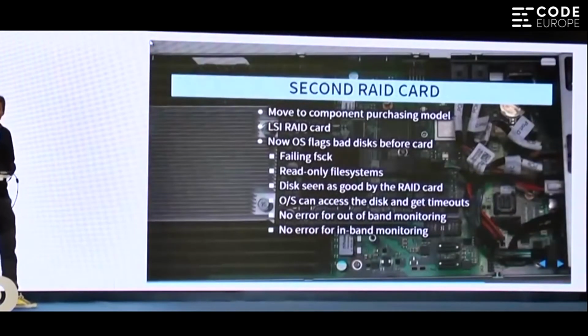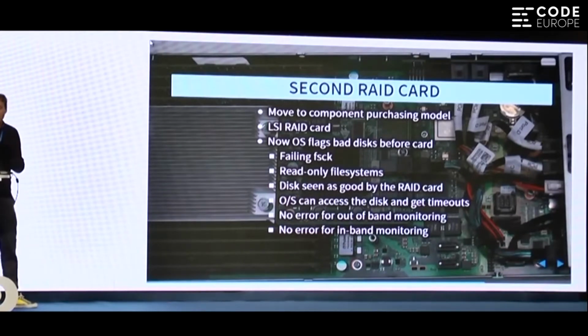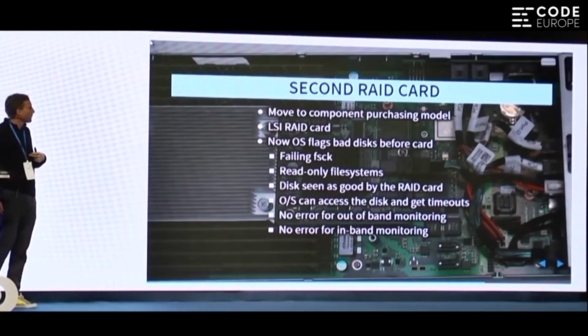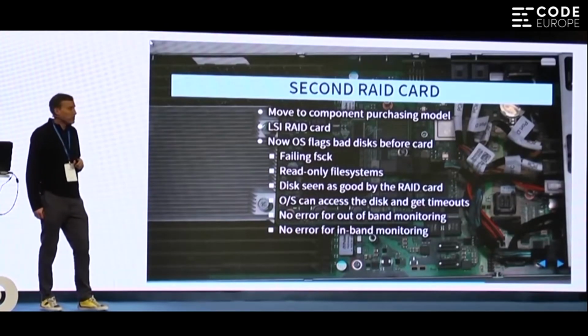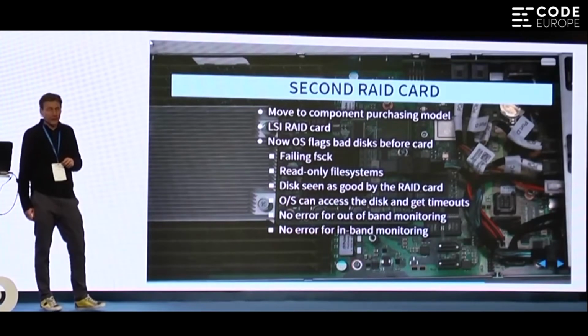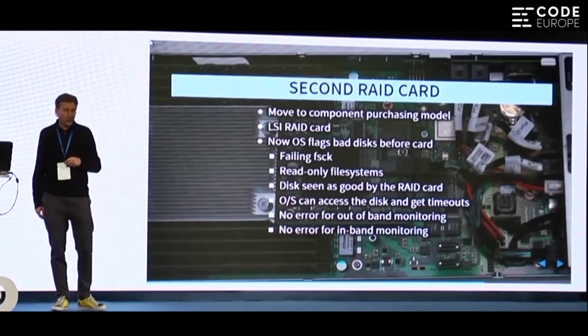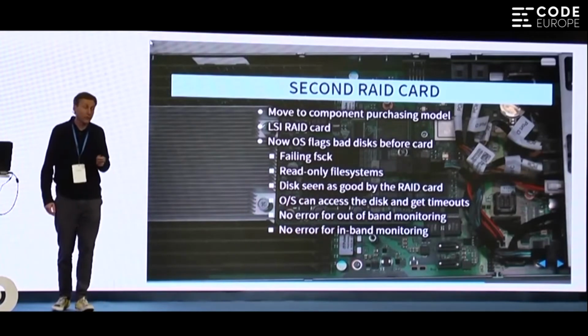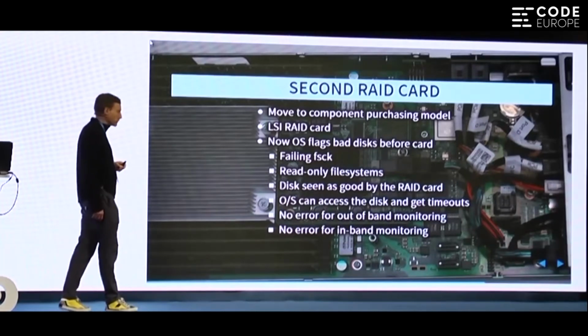But of course, unfortunately, we found out that's not the case, because when we bought a different RAID controller, which we thought would be just as good, it had a different threshold. So it's much more reluctant to say that a disk is dead. So now we have the situation where the operating system has had read errors or write errors on the disk, but the RAID controller still thinks that the disk is good.